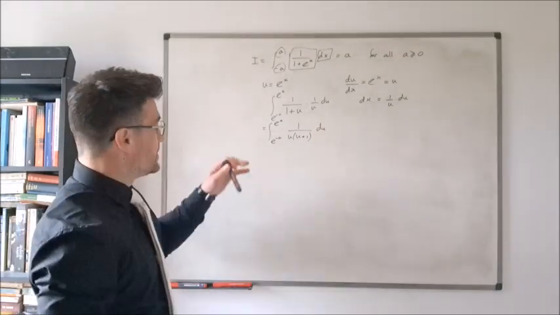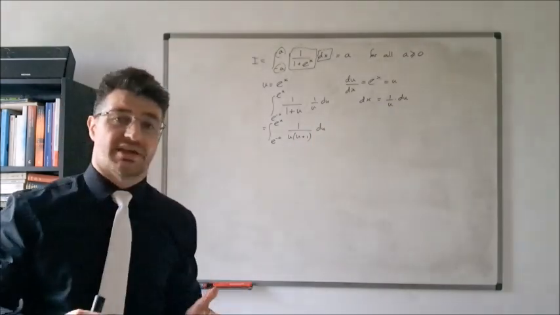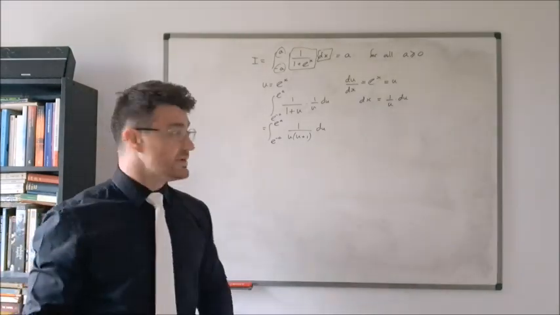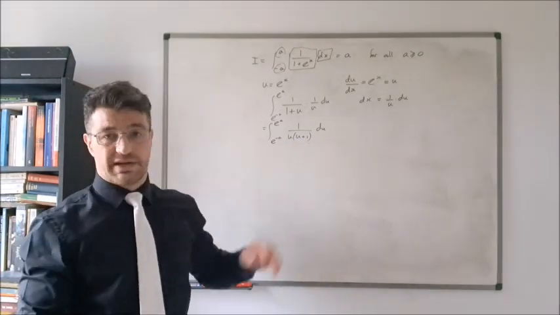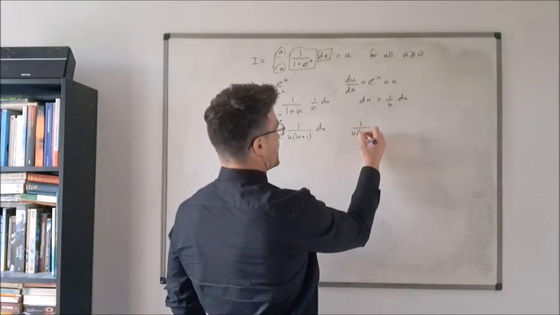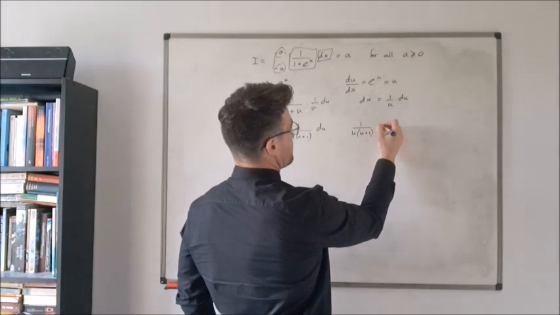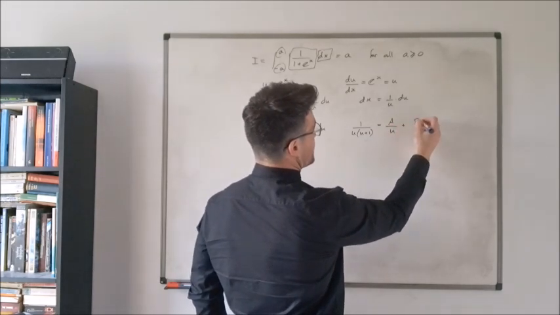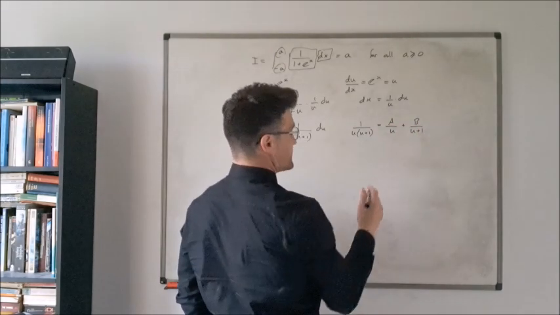Okay, so if you're familiar with the kinds of techniques you need to use when it comes to integration, you'll recognize that you need to use partial fractions for this. So 1 over u times (u plus 1) is going to be a over u plus b over u plus 1.